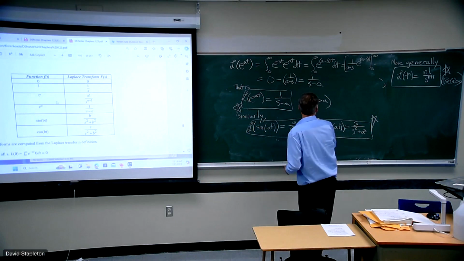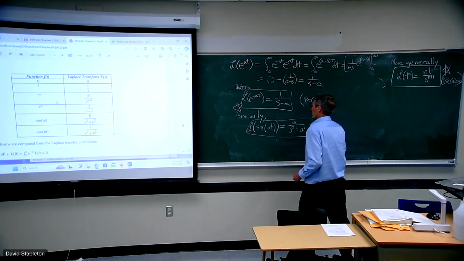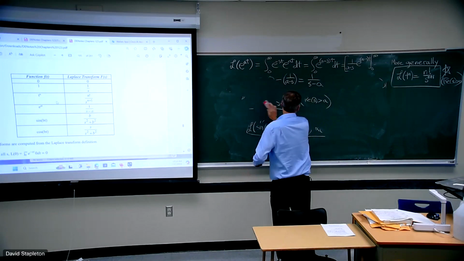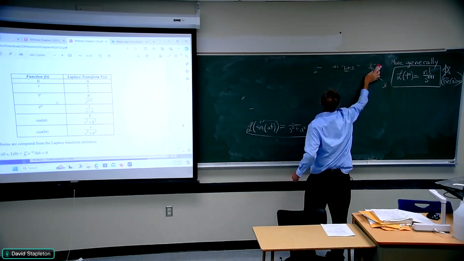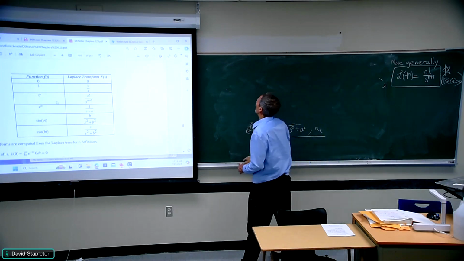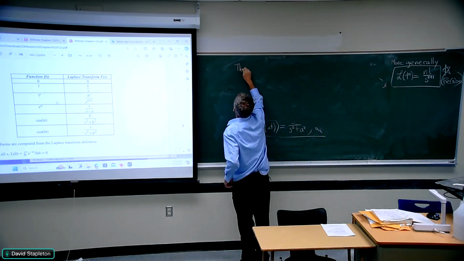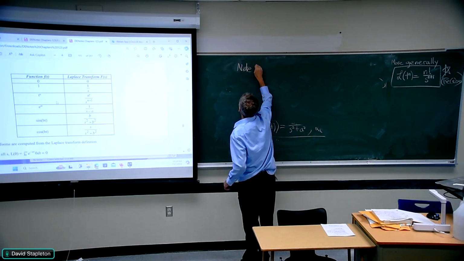Now, what are some other things we know about the Laplace transform? Here's a wonderful theorem that's really, really helpful. Let's just write a note, actually, because I'm not going to do the proof on this one.